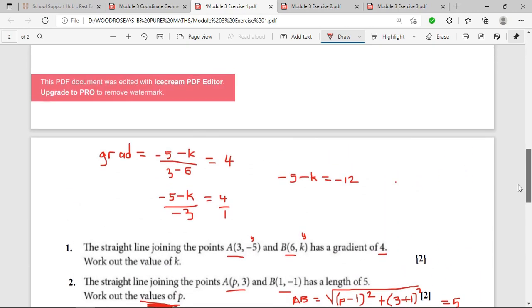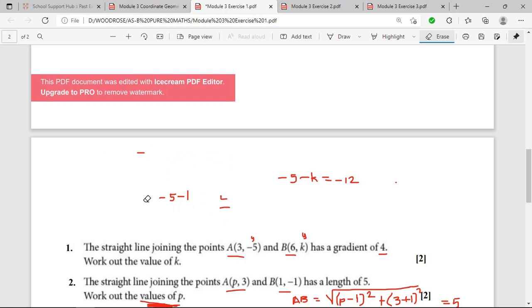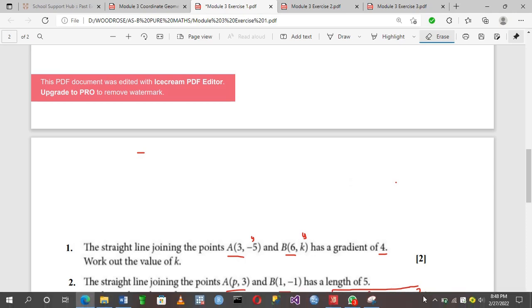So this is how you can answer number 2. Right? Let me wrap this and see which number we can also attempt.